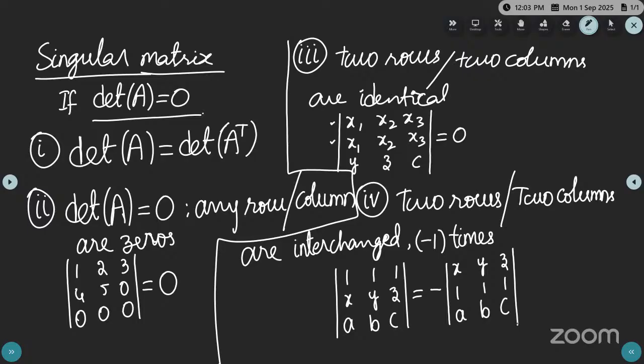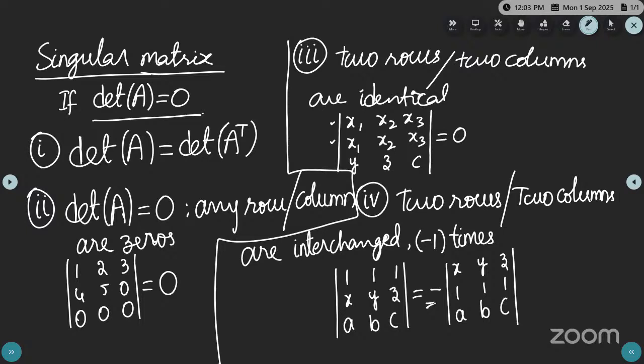If two rows are interchanged, you will get minus 1 times the given one, or if two columns are interchanged. Any two. You have to interchange row to row or column to column, not column to row or row to column, while applying the properties of determinants. Is it clear? Right, next.